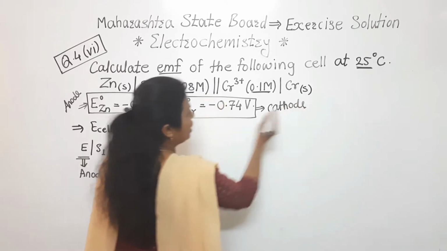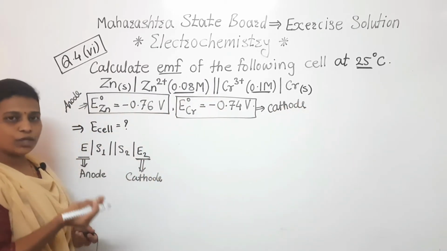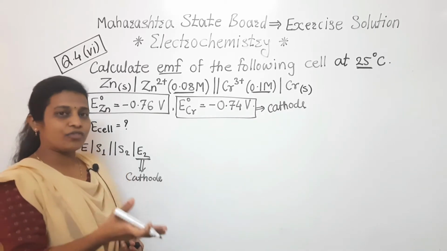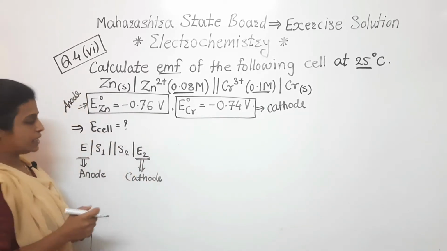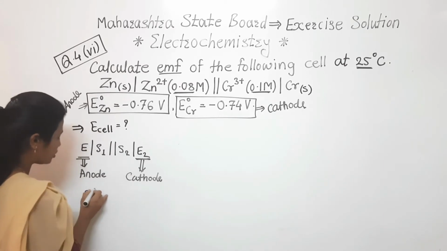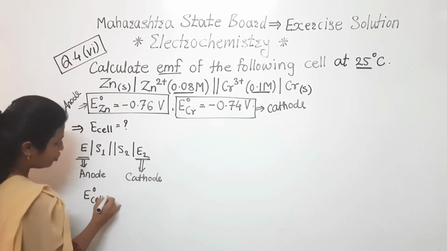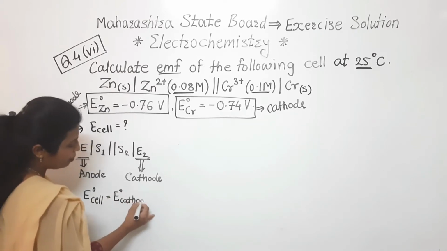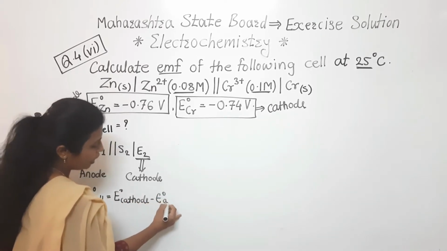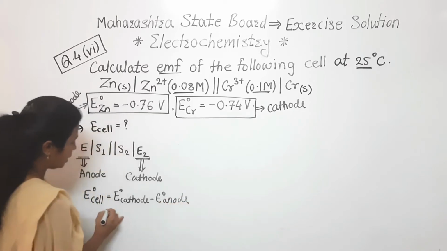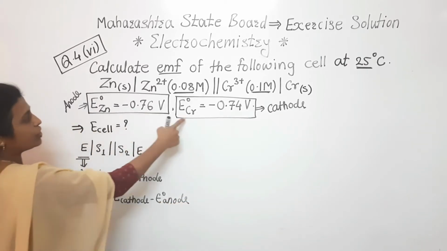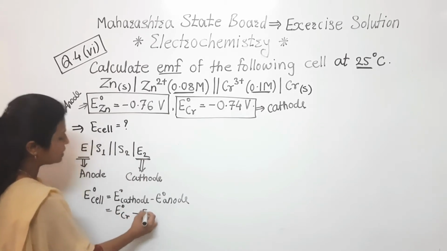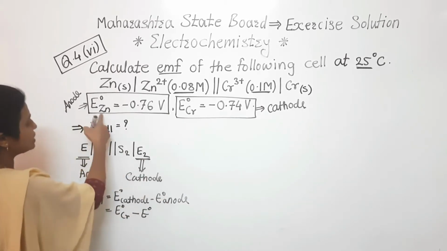यहाँ पे अभी ये वाली चीजें क्यों जरूरी हैं? Because here we want to find out E naught cell also, and after that only we can calculate E cell. So what is the formula of E naught cell? E naught cell is equal to E naught cathode minus E naught anode. यहाँ पे E naught cathode is E naught Cr, means chromium, minus E naught anode means zinc.